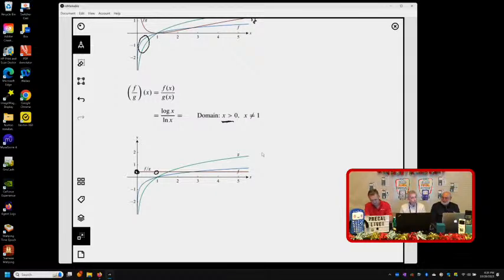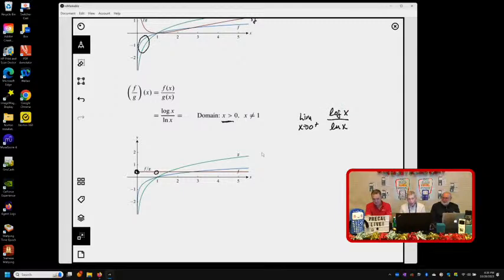Now here's one other thing that you can think of. We know that many of our pre-calculus teachers also teach calculus. So you might think about the limit as x goes to 0 from the right of the log base 10 of x divided by the natural log of x.